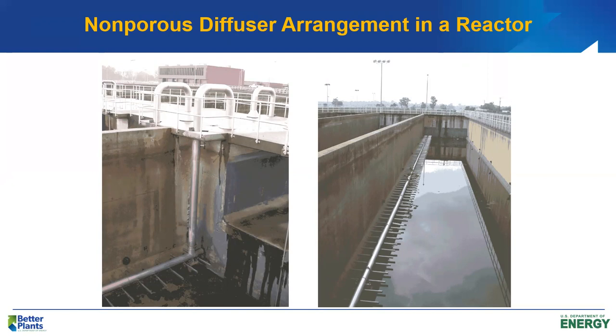Then as we get to the tail end of the reactor, the DO concentration may be 3 or 4 milligrams per liter. So by providing the same amount of air along the length of the reactor, we're going to see changing DO concentrations throughout the reactor.